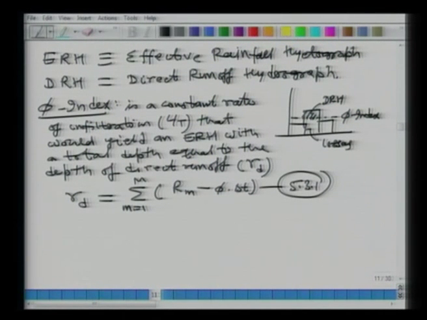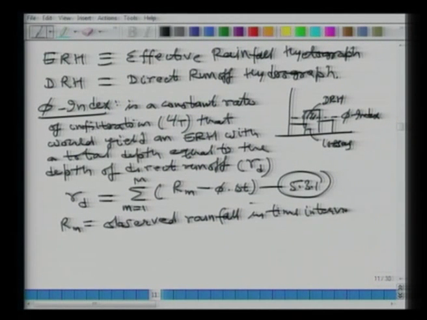Okay. In this equation, it is important to understand some of these variables. Rm is the observed rainfall in time interval m, or the mth time interval, that is.